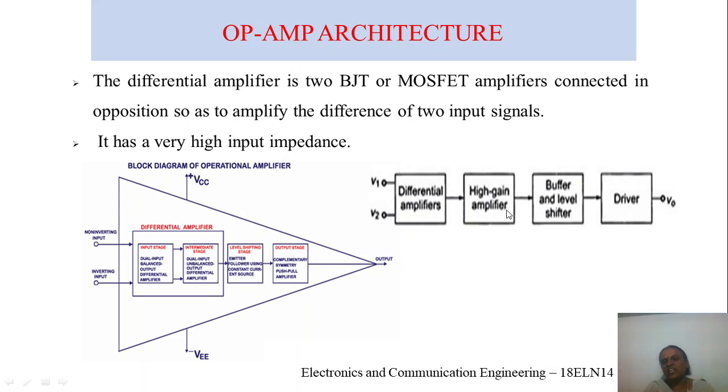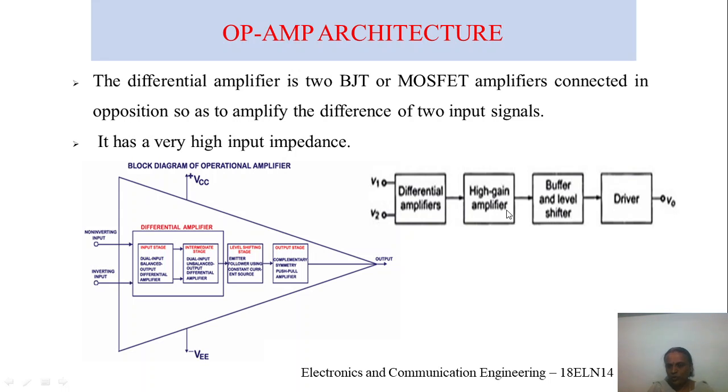Next, if there are any fluctuations or any disturbances due to internal or external components, for that we have something called a level shifter or the buffer. Now, what is this buffer? It is a temporary storage where the waveforms will be stored and the noise will be removed, because if there is any added noise present in that.